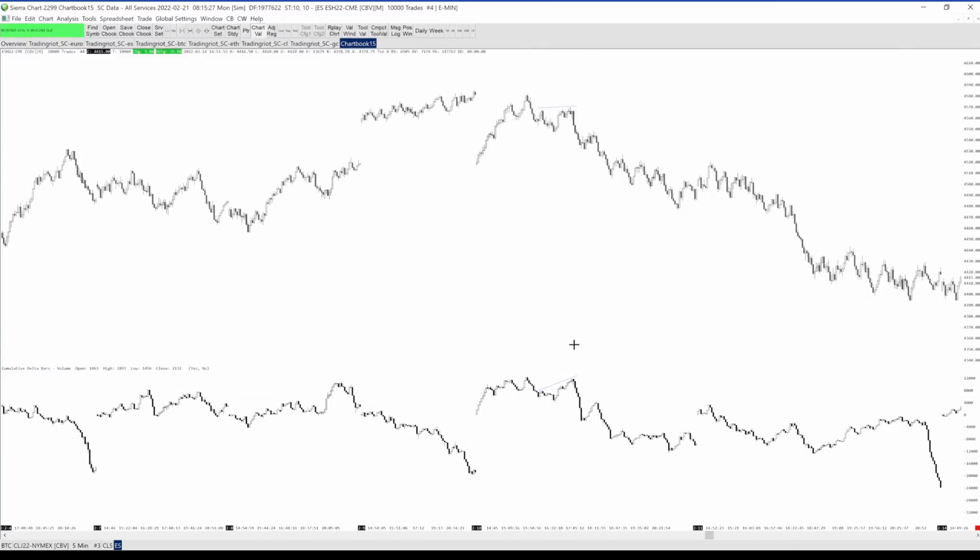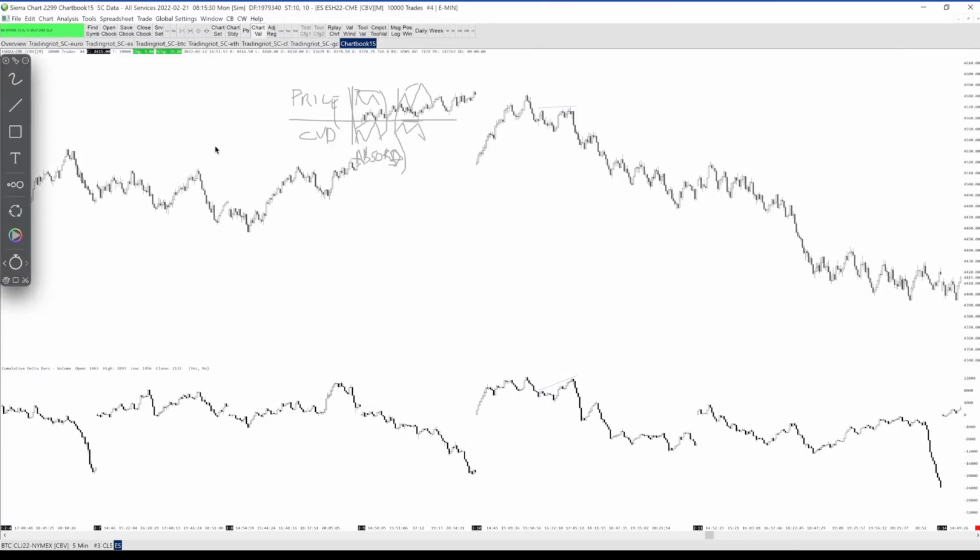Basically, market is going one direction. Let me draw this again. Market will be already trending. So let's say you are picking up in an uptrend. This is your price, and this is your CVD.